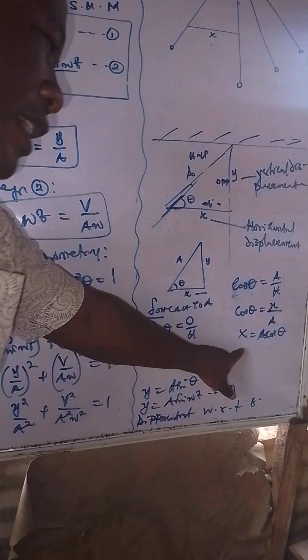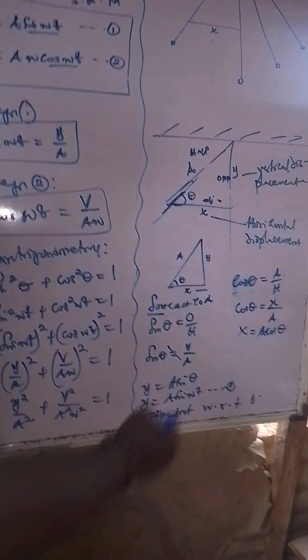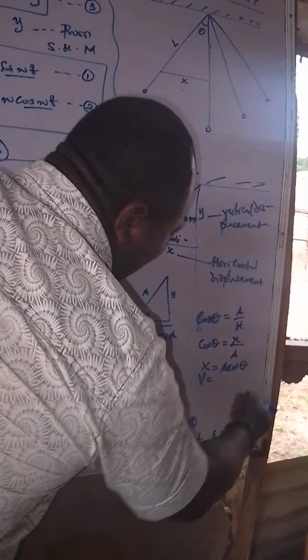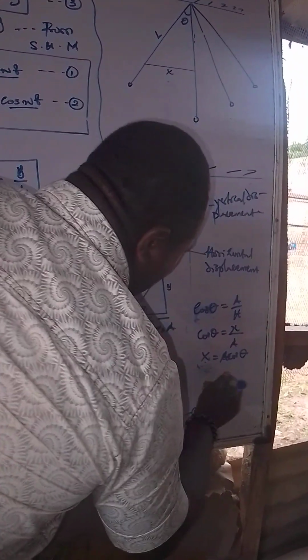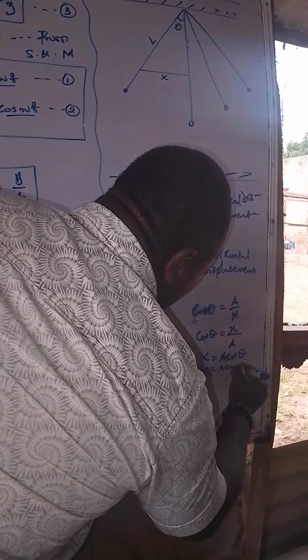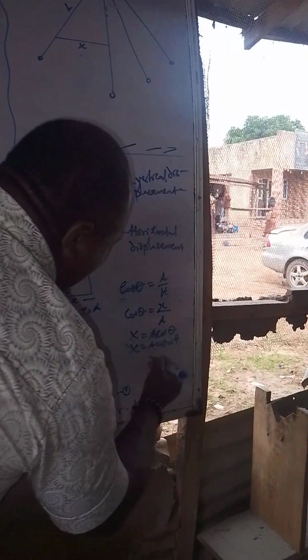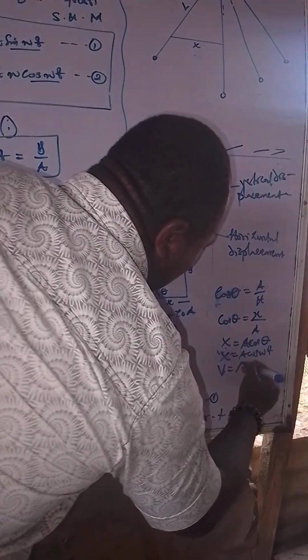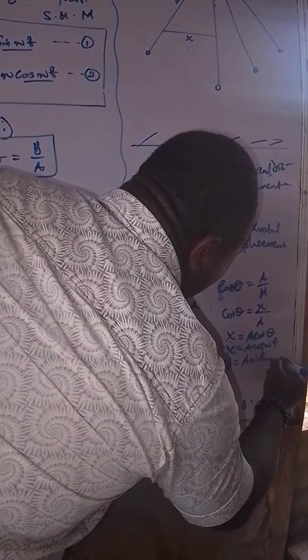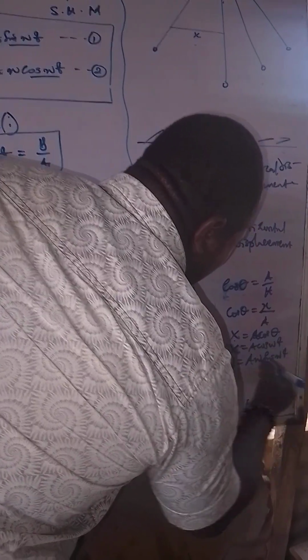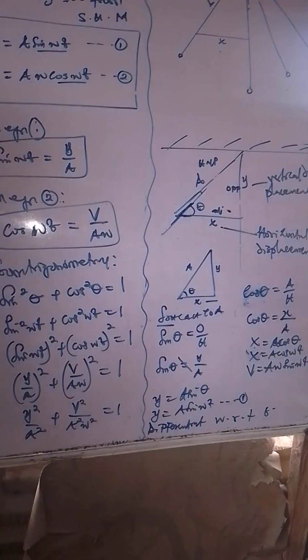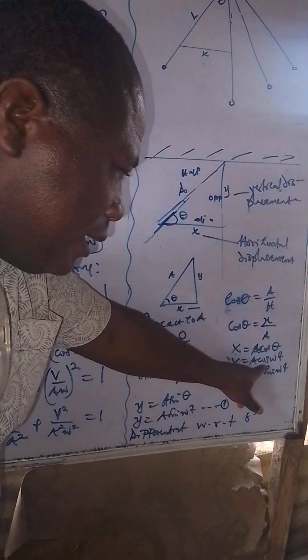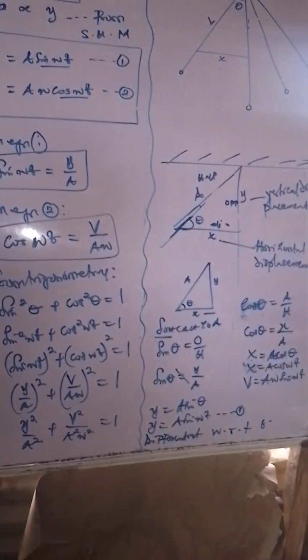By the time you differentiate this x, you will get your v. Let me substitute: a cos omega t. When you differentiate, you get a omega sine omega t with a minus here, because the derivative of cosine is negative.